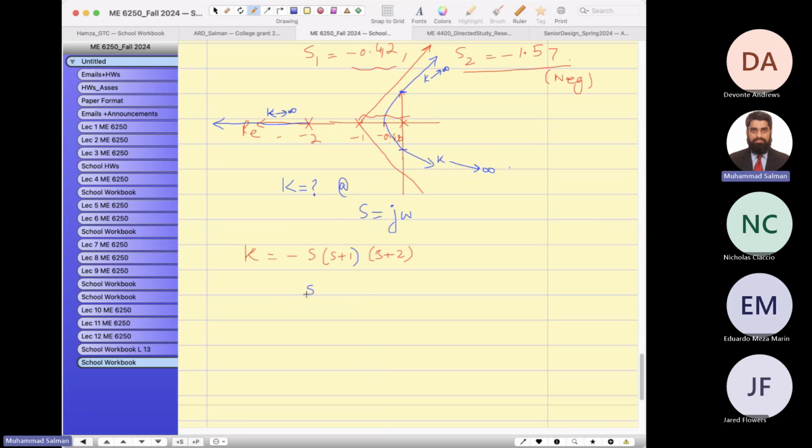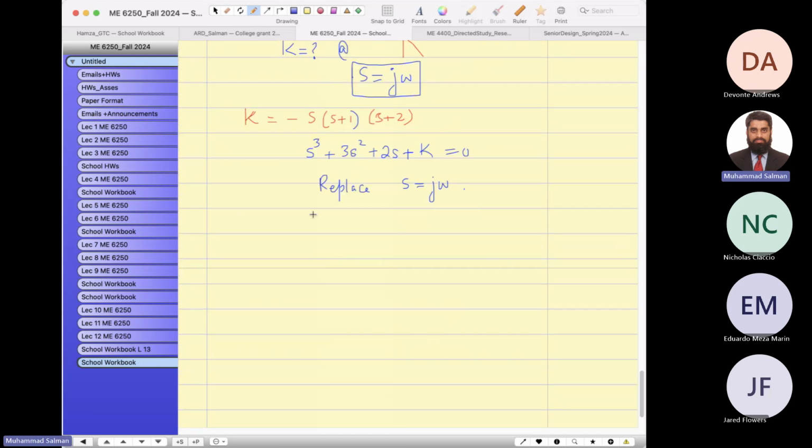So I can rewrite here in this form, 3s squared plus 2s. What you have to do here, since we have to find k at location j omega, replace s by j omega.